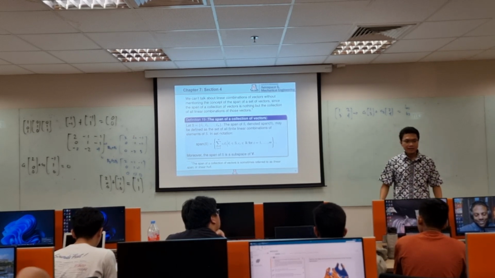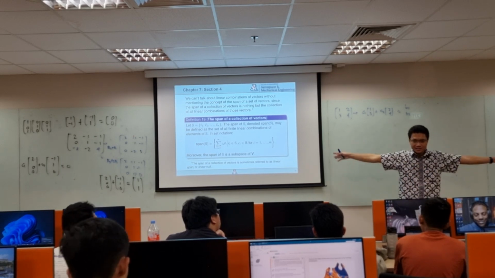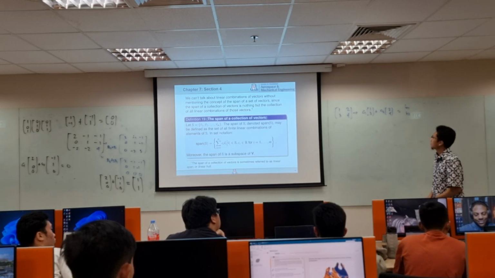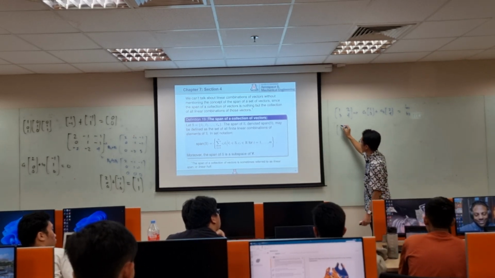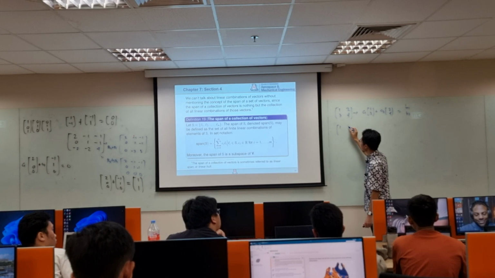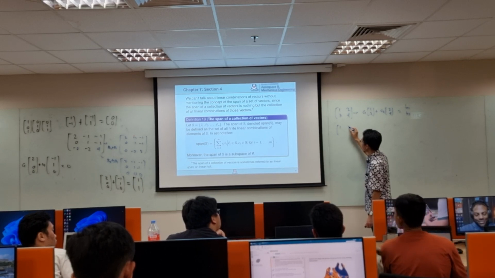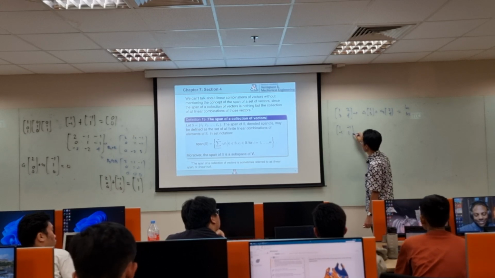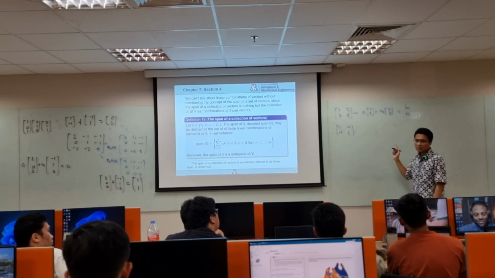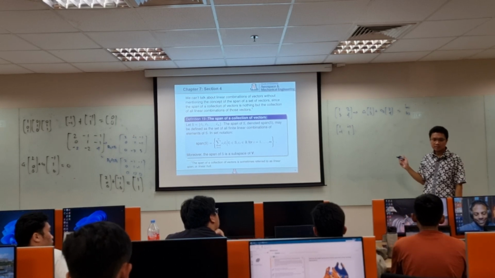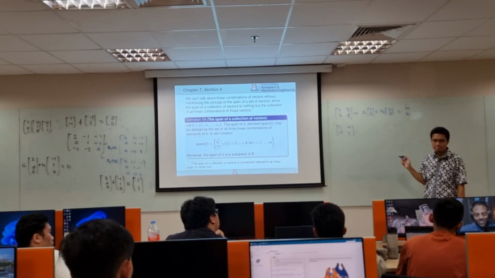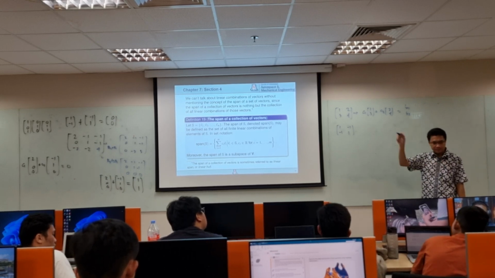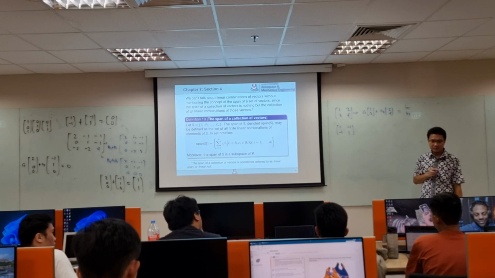When I say span, I will do this: span the entire XY plane. And then another example: 1, -1, -1, 1. This one only spans what? It spans a line.